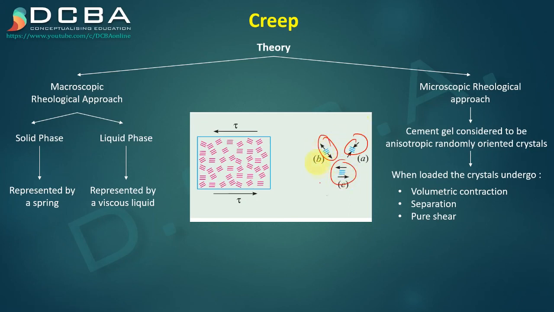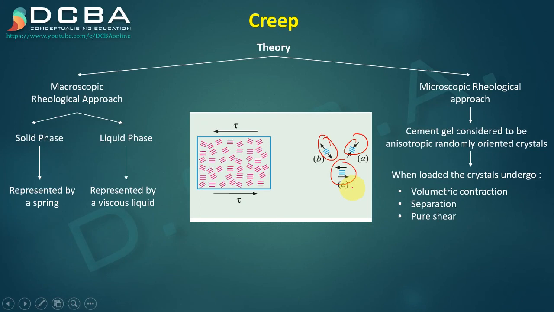So there will be three types of deformation, and after the load is removed, the volumetric contraction that had taken place can return back to its original position. But the separation of the gel is not possible to come back even when the load is removed. And even in pure shear, only part recovery is possible. So what we can understand from this is that when the load is applied, there will be contraction, separation and shearing.